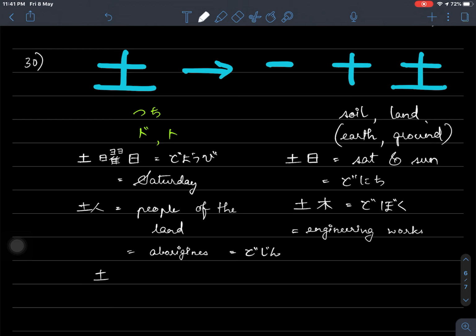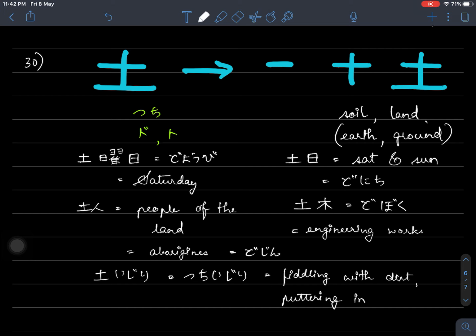Let's have a look at one more. This will be read as tsuchi ijiri, which means fiddling with the dirt, or as the book says, puttering in the garden.